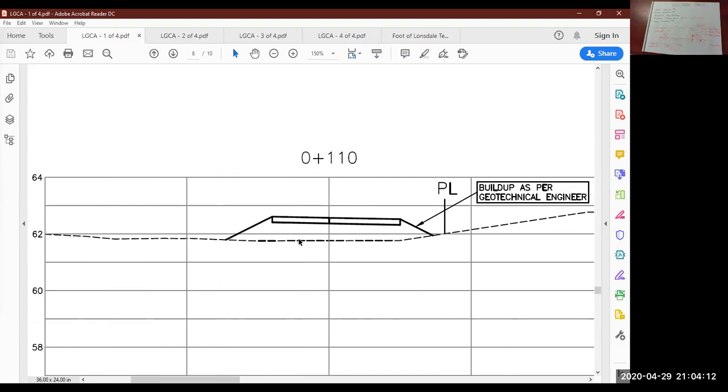So what you're measuring on this particular cross section, okay, this rectangle is the road structure. I think that's road base. So that's not included in your calculation. You're looking at the area from this solid line. You'll come up, you'll go straight down, so you're at the bottom of your road gravels.